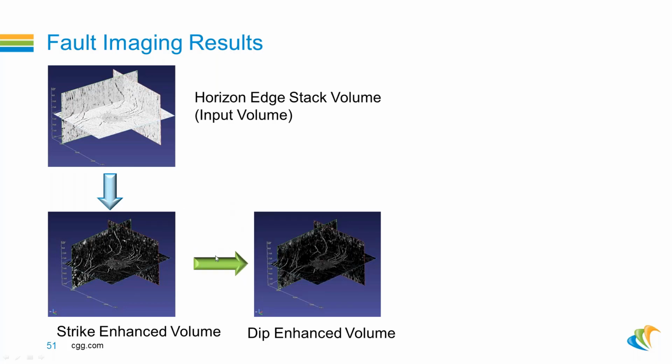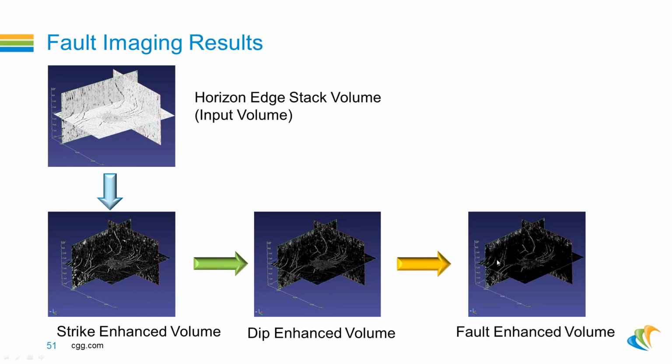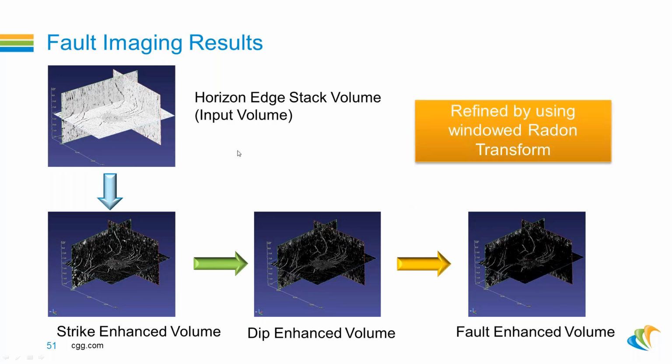It will apply some processes in between and generate the dip enhanced volume, another process, and finally it will create the fault enhanced volume. And what it's doing here, every single step between one volume and the next, is applying refinement using the window random transform. It is filtering and removing noise in every step. You can see from the horizon stack how these images get cleaner and cleaner.